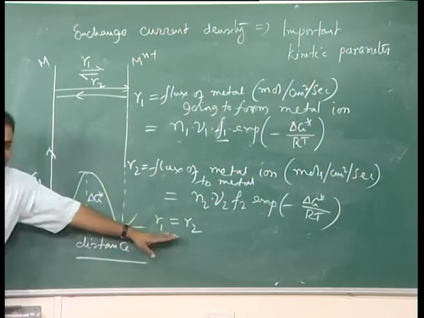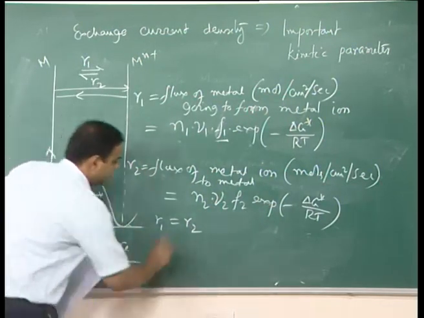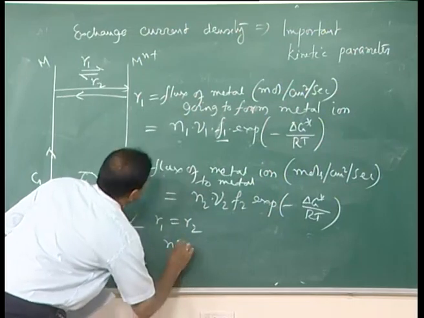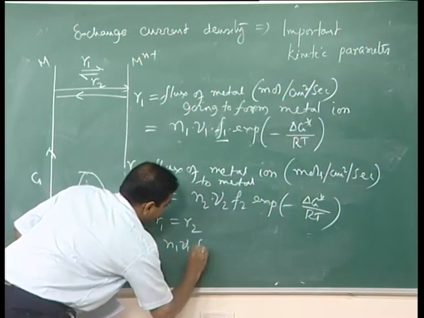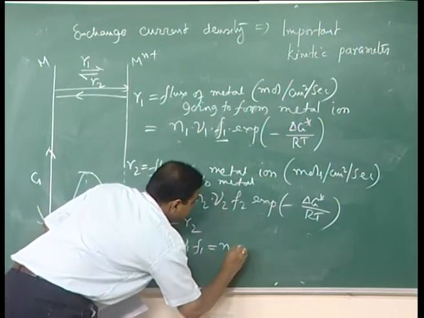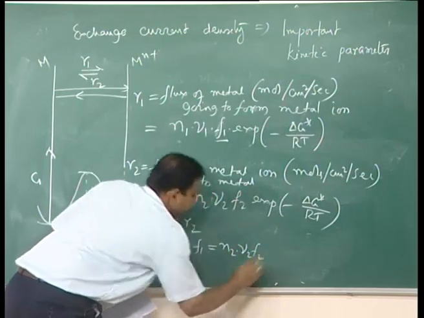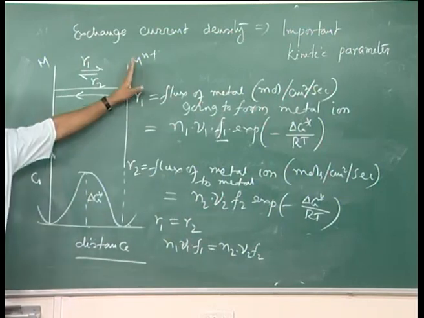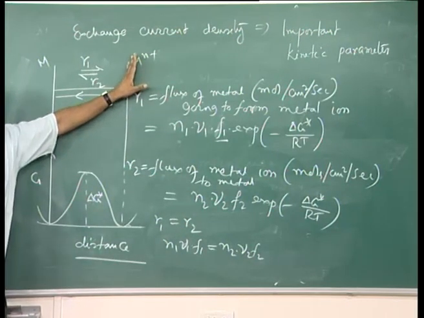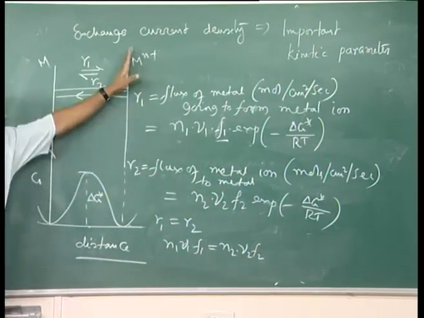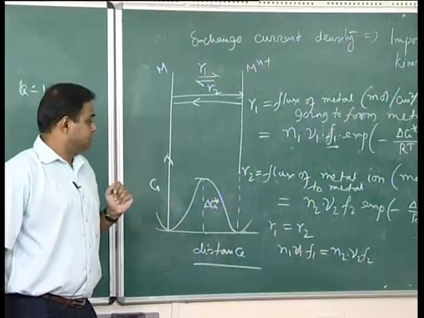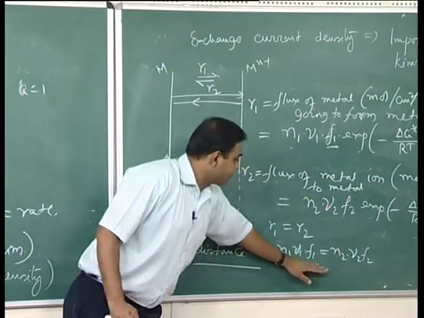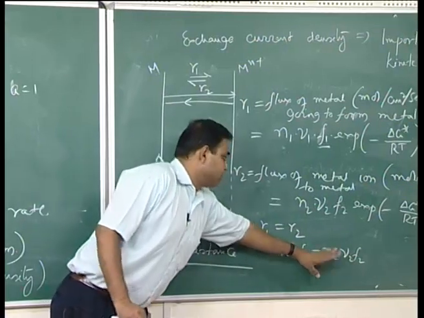Then N1 nu 1 F1 equals N2 nu 2 F2. Here N2 is the number of moles per unit area on this section. So, we have an important relation that both are equal.